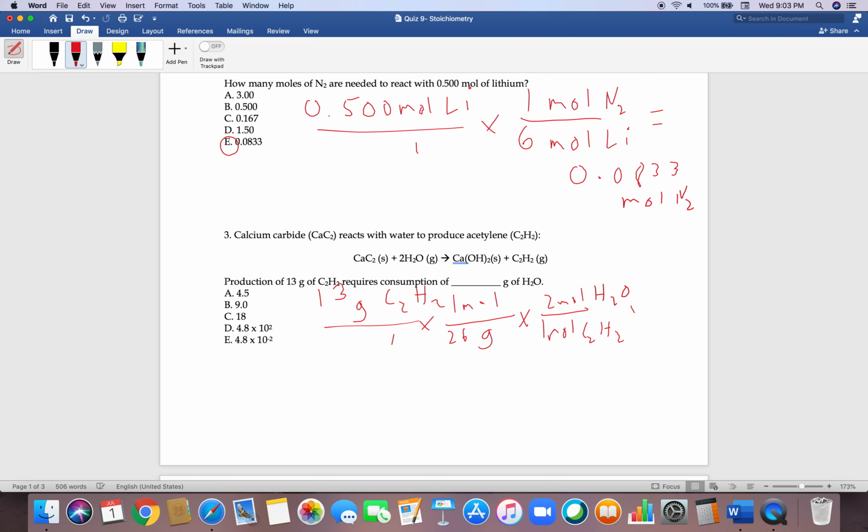And now we need the grams of water. You might as well just memorize the mass of water because you'll be using it all the time. And the mass of water is 18 grams. So you can always cancel your units. It's a good practice to make sure that all your units look good and we're left with grams. And when you do this on your calculator, you should get approximately 18 grams of water. And that's just pure coincidence with the 18 there. So the answer here would be C.